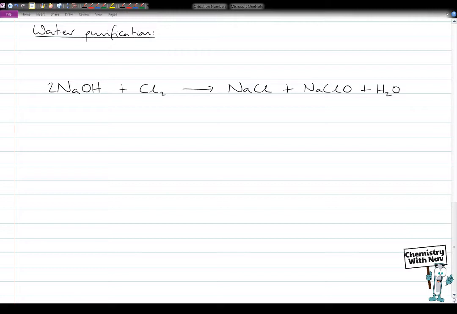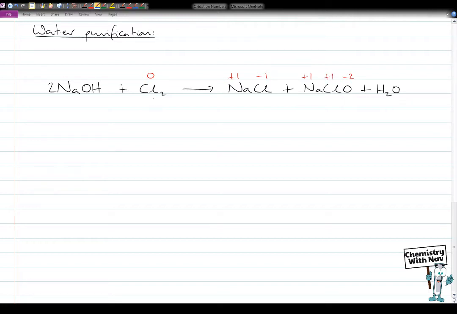The sodium will be plus 1 throughout, the oxygen is minus 2 throughout, and the hydrogen is plus 1 throughout. So all we really need to look at is this chlorine, where it's 0 in the first place as the element. The Na is plus 1, so that chlorine must be minus 1. The Na here is plus 1, the O is minus 2, so to make that come to 0, that chlorine must also be plus 1.